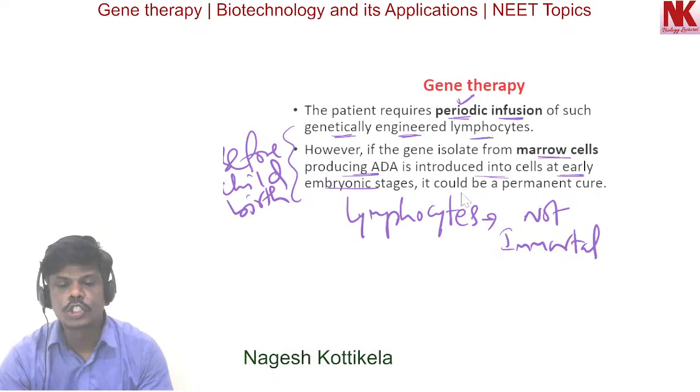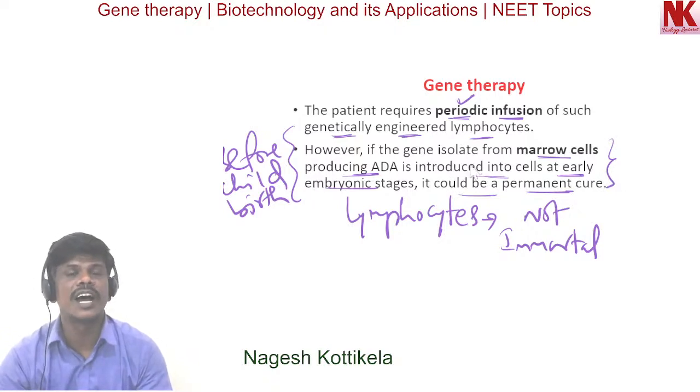It could be a permanent cure. If it is introduced before childbirth, there is a possibility that this can give a permanent cure for this disease. I repeat this once again.